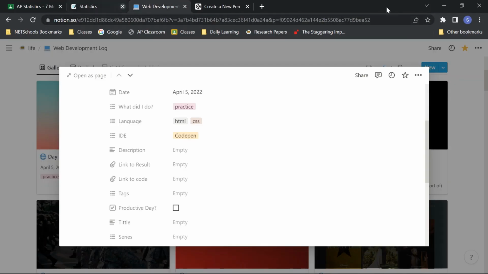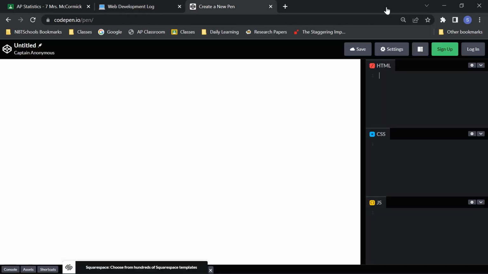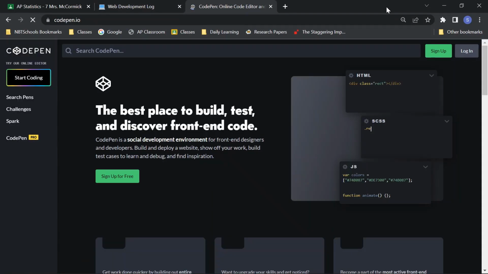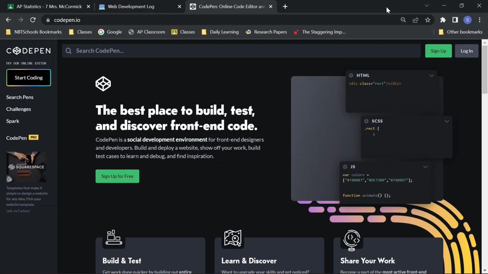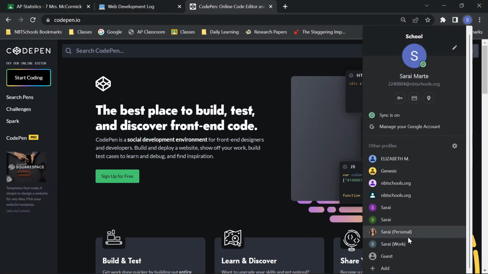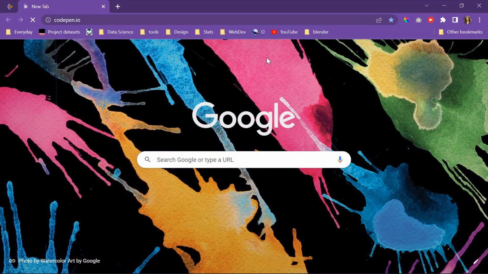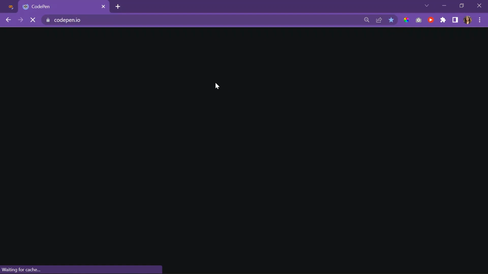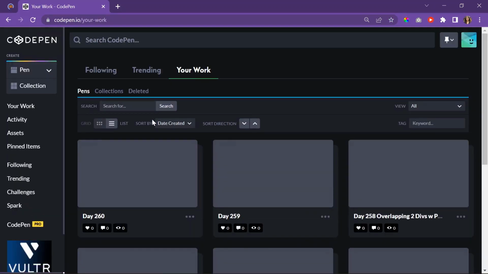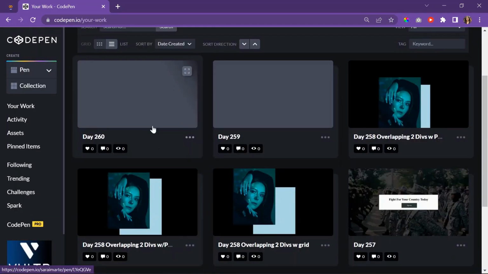I'm gonna delete all of these tabs. Might as well turn this into a day in the life of, or the afternoon in the life of Sarai Monte, instead of study with me for stat. I'm not even logged in. How rude is that? Okay, what is it? CodePen. Not me still eating my chocolate bunny.